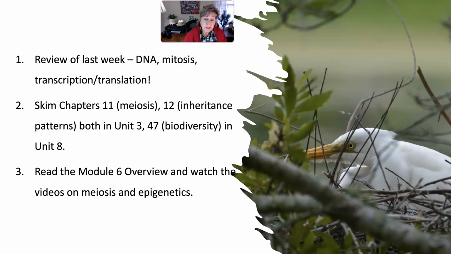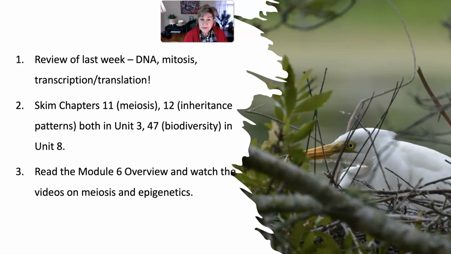So last week we learned about DNA, mitosis, transcription, and translation. Transcription and translation are the way that DNA is actually used in cells to make all of the enzymes, and those enzymes are proteins. So we're translating from a molecule of nucleic acid into all the proteins that a cell needs.